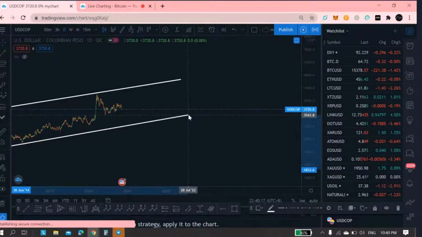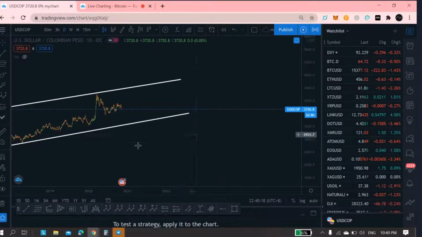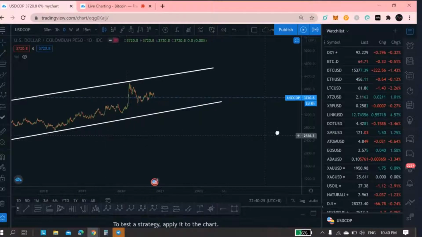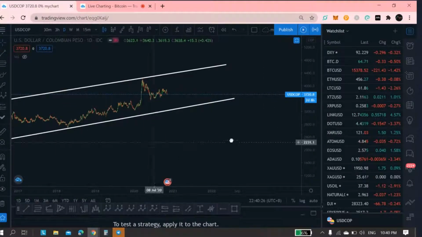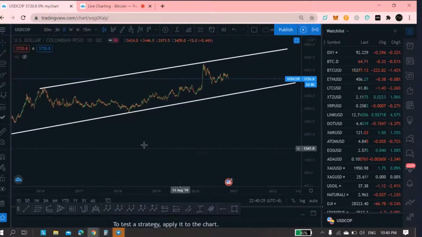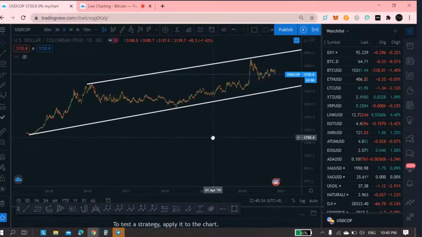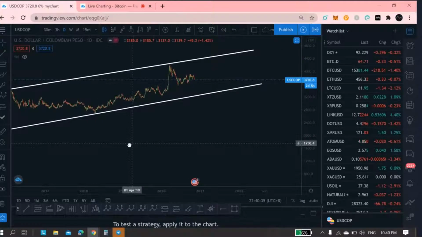BCH, Bitcoin Cash anyway. Next is Bitcoin Cash after this. It's like a 50-50 area. So anyway, there.